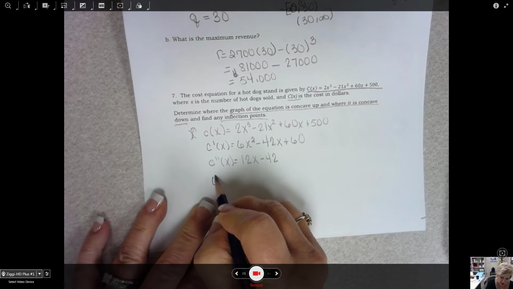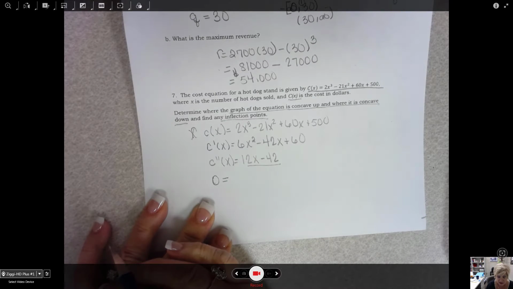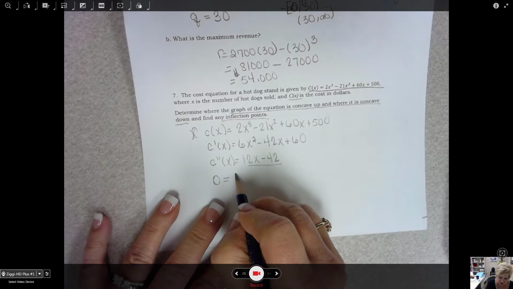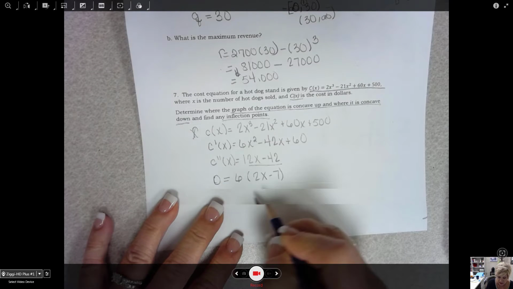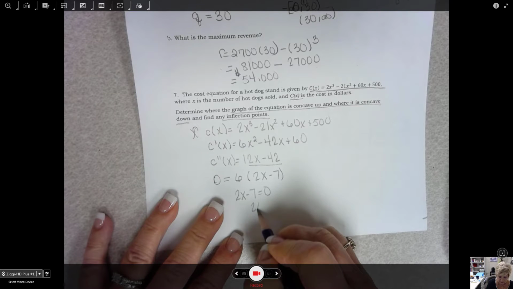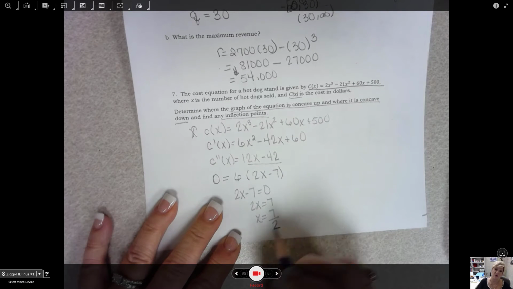Set it equal to 0 and factor out a common factor if we can. You don't have to factor anything, but it's easier if you do. So we'll factor out a 6 and have 2x minus 7. If we set that 2x minus 7 equal to 0, our critical value will be 7 over 2.